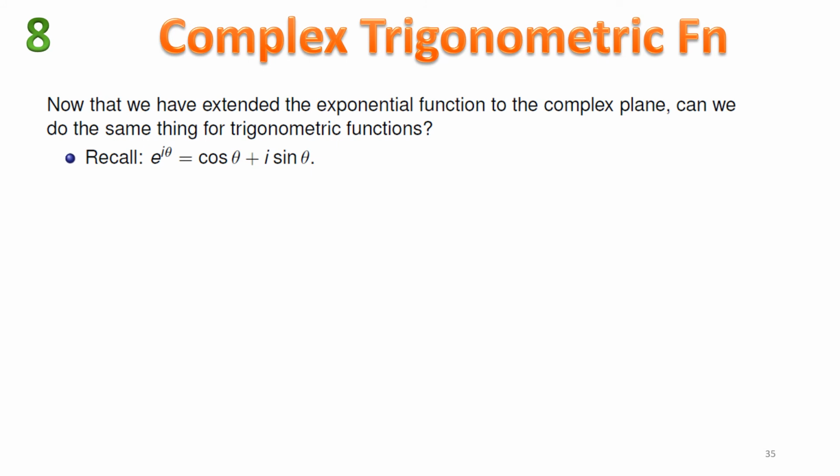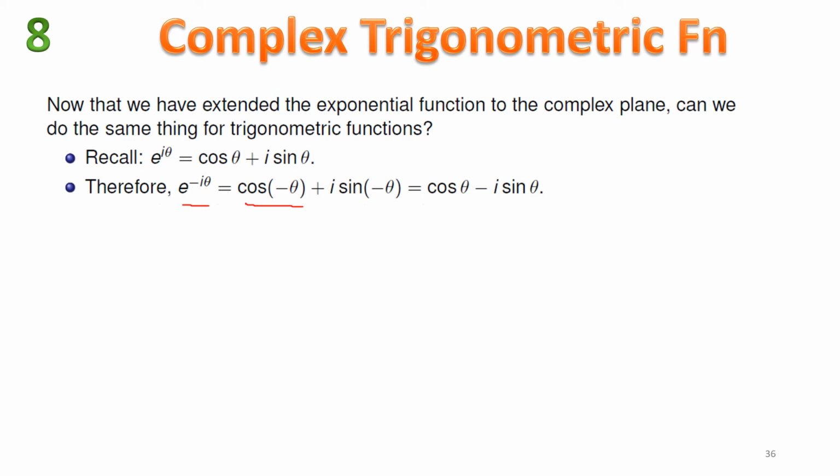Now we want to extend our ideas that we have developed for the exponential function to the complex trigonometric functions. So e to the i theta, we have done partially that. e to the i theta is equal to cos theta plus i times sin theta. And then for e to the minus i theta, here we are going to replace theta by minus theta.